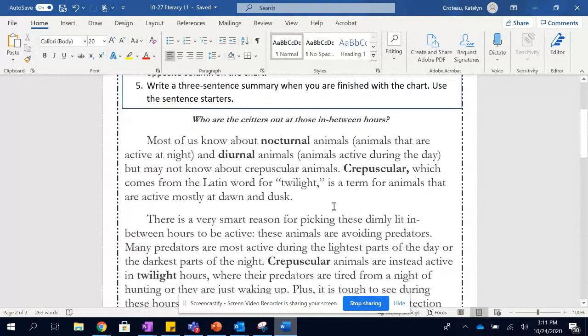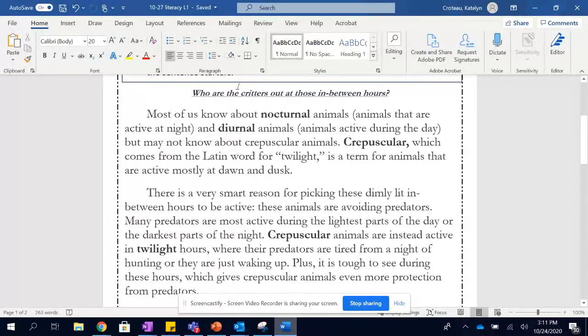All right, now I'm going to read the actual text. Who are the critters out at those in-between hours? That's our title. Most of us know about nocturnal animals, animals that are active at night, and diurnal animals, animals that are active during the day, but may not know about crepuscular animals.